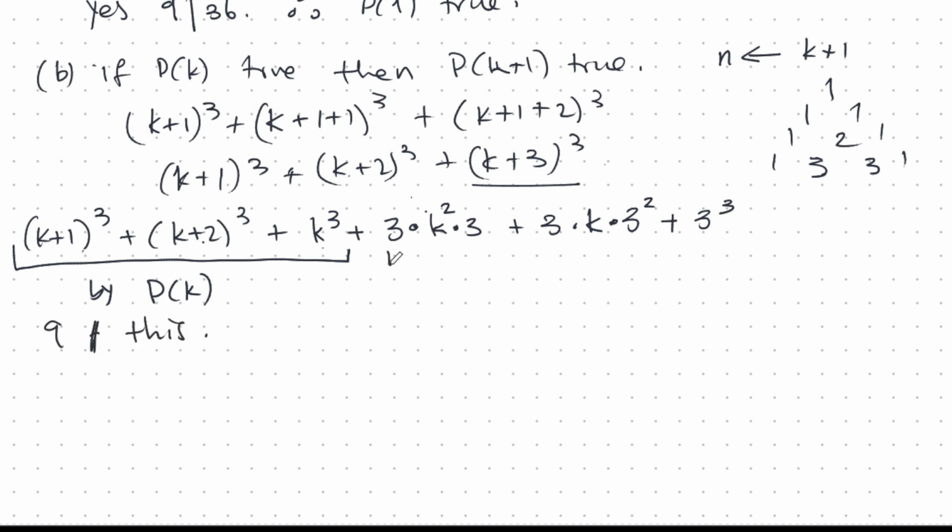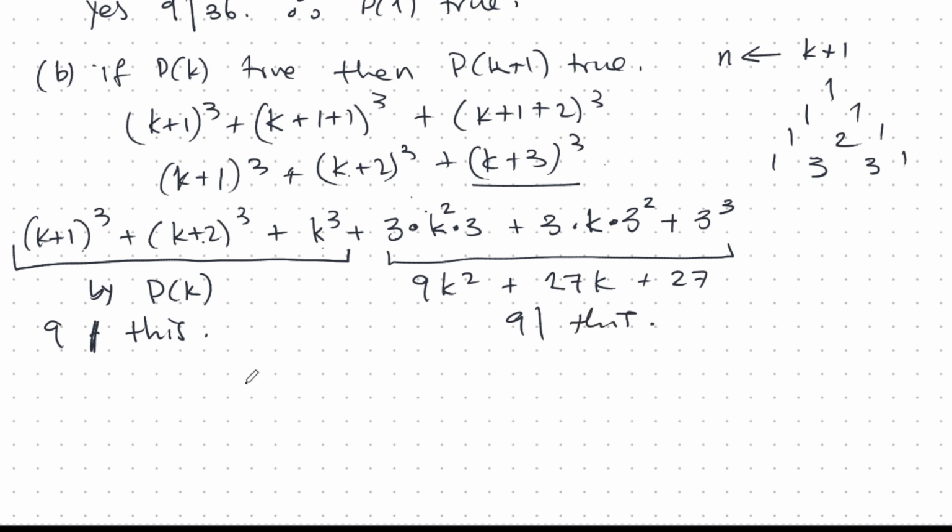Very good. And does 9 divide this? Yeah, because 3 times 3, that's 9k squared plus 27k plus 27. So yes, 9 divides this, and therefore 9 divides the whole thing. In other words, P(k+1) is true.